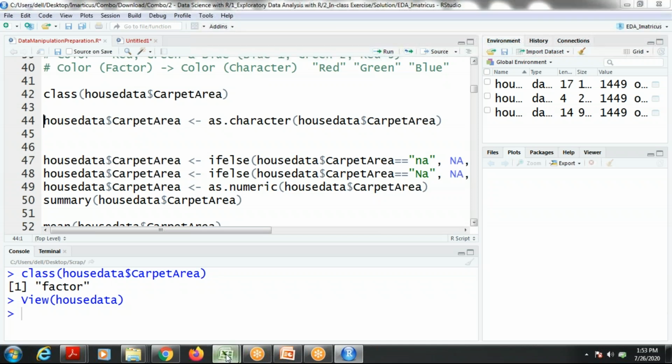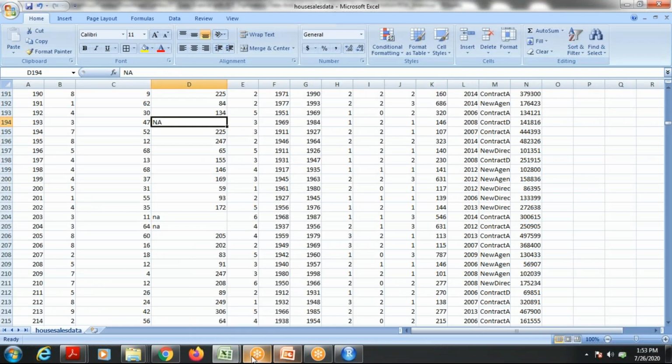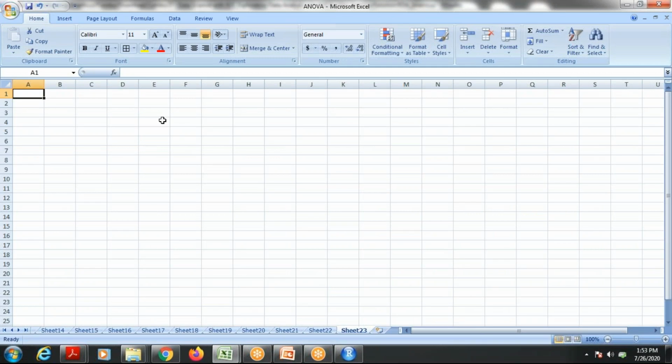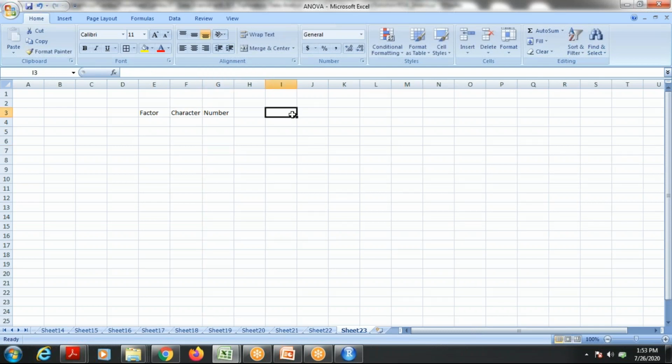Be careful, in R, if you want to convert a factor to a number, you cannot do it directly. You need to convert the factor into a character, and then you can convert the character into a number. That's how the process happens. You cannot go directly from factor to number. Getting it?